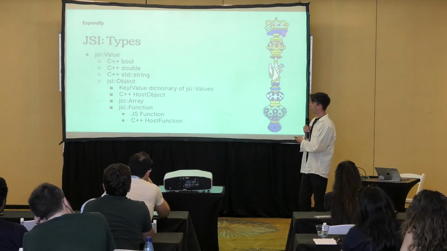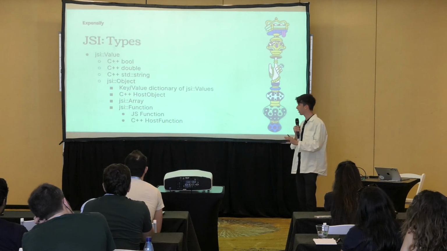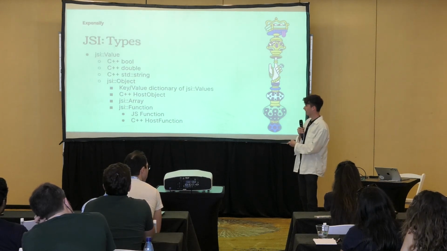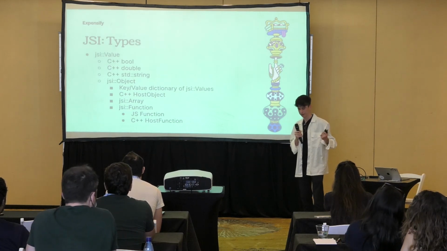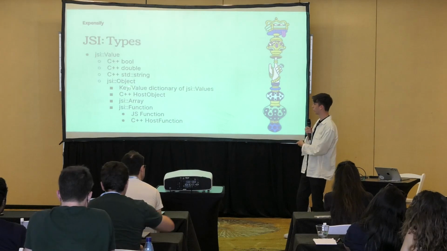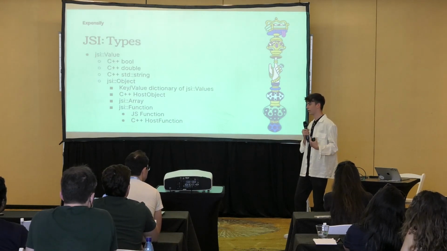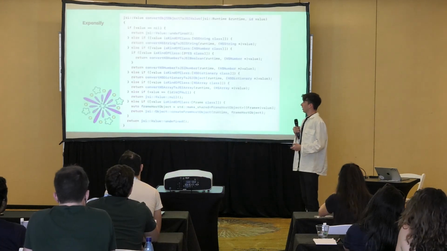So with this type, you can basically represent anything. There's also some special types here, like there's a JSI pointer, for example. And I guess array buffer could also fit under object, which has an actual void buffer that you can use in C++ if you want to.